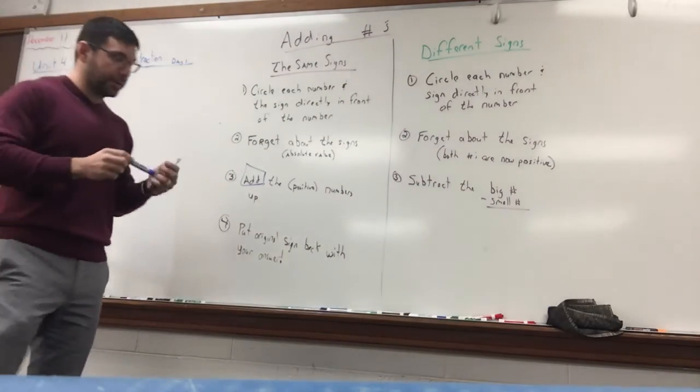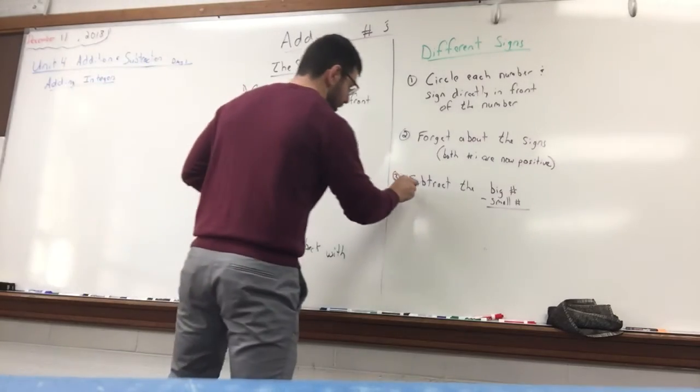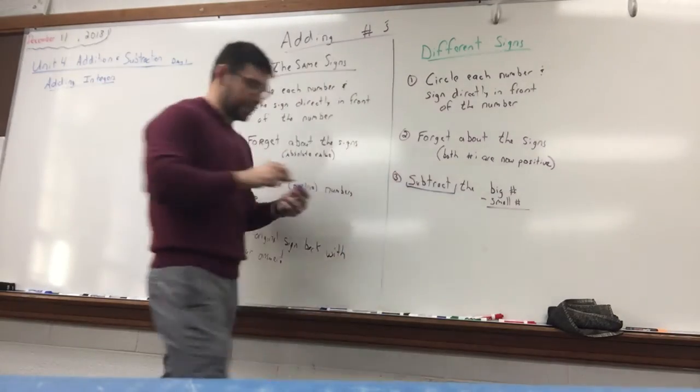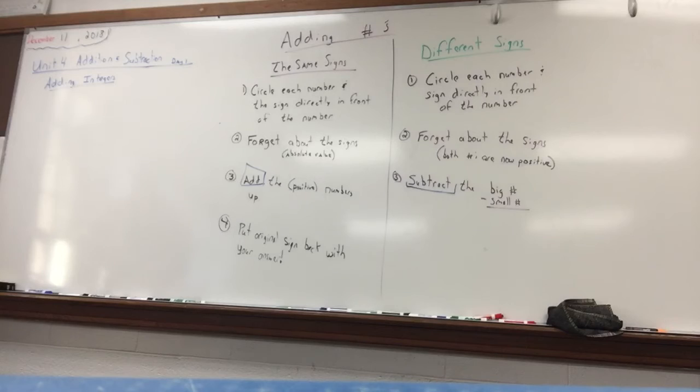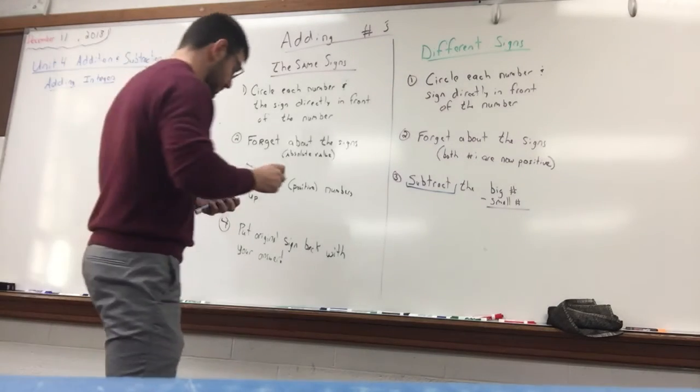Okay, so now we are subtracting. And I know that's strange, but you'll see what happens, and I'm going to do some demonstrations about what's happening. Right now it's just the algorithm, then I'm going to show you what happens. We're going to spend plenty of time on this. So subtract the big number minus the small number.